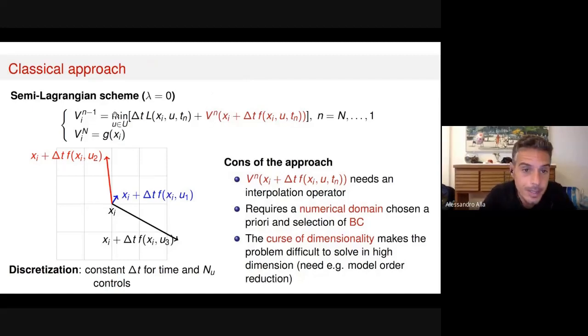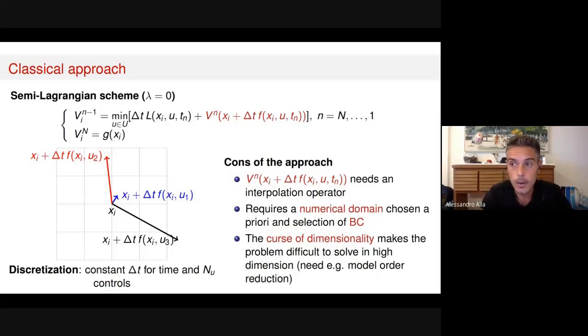Okay, remember that the dimension of this problem is the same as the dimension of the differential equations. But then if we think about the solution of a PDE in high dimensions, and we have to build a grid, it is almost straightforward to see that we have the curse of dimensionality.